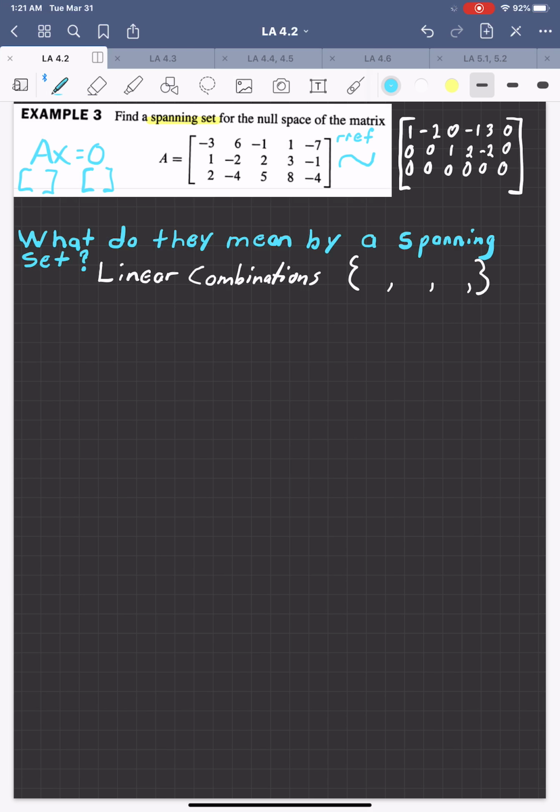What I'm commenting on right now is how did I go from here to here? Well, I added one more column that would represent the solution column. So I turned the coefficient matrix into an augmented matrix and then row reduced. So this is the row reduced echelon form of the matrix.